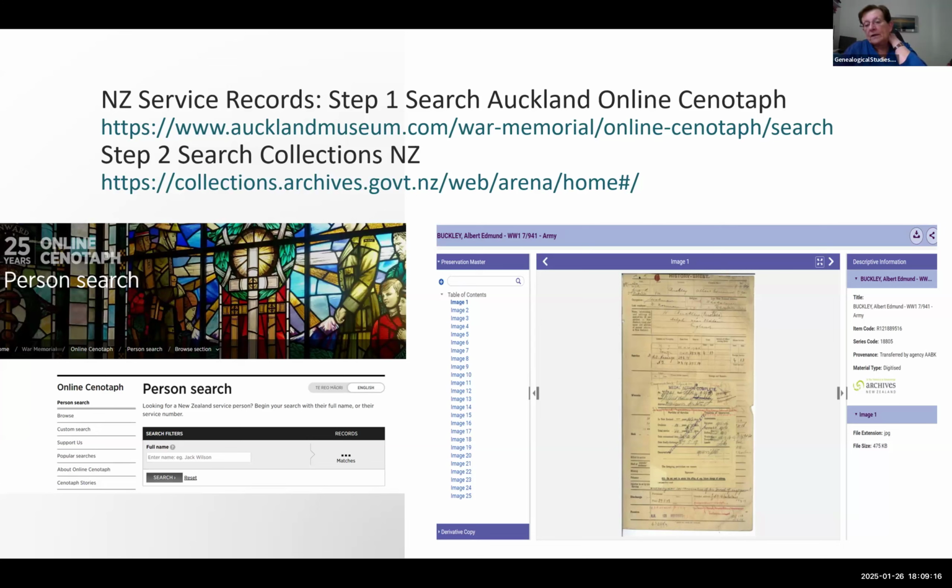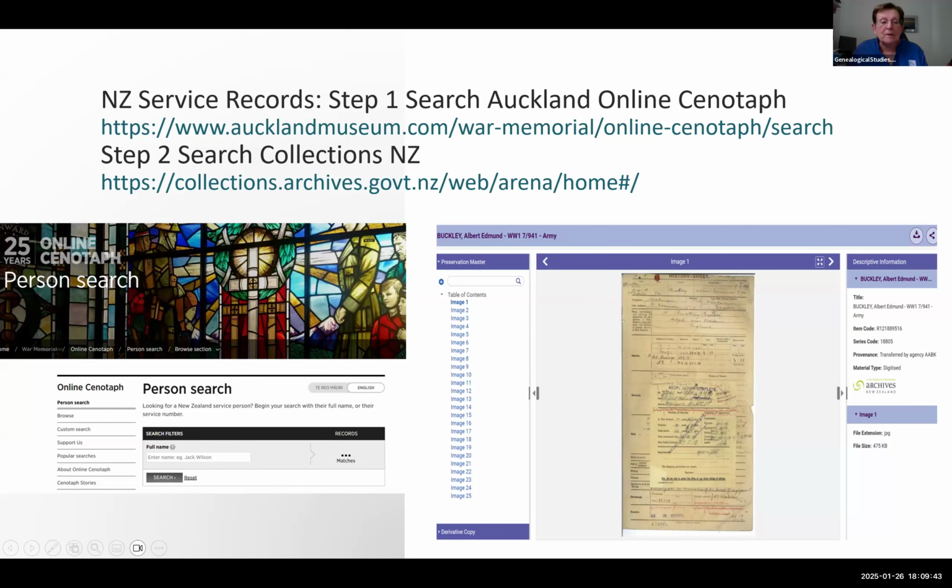In this case, I've got Albert Edmund Buckley. And you can see for all of his work, there are 25 different pages to look through. So there's a lot of work to look through that and see his war service as well. And he was in World War One.